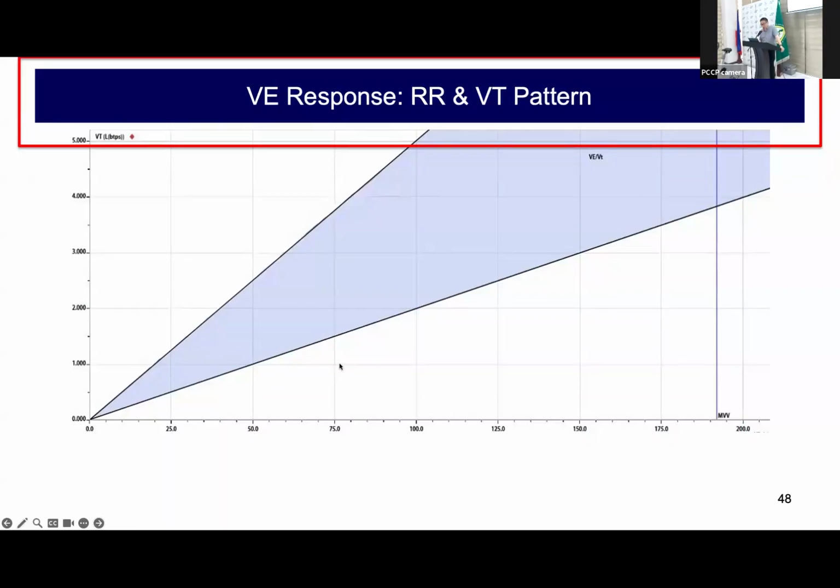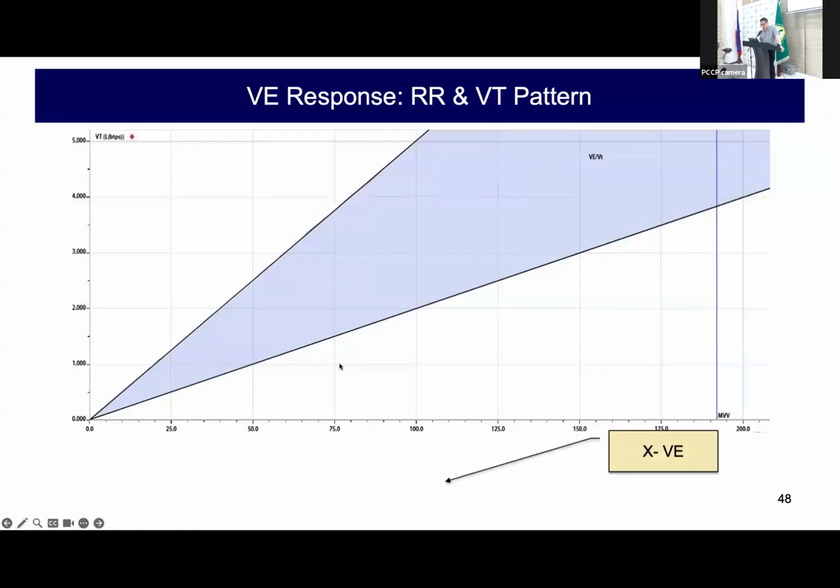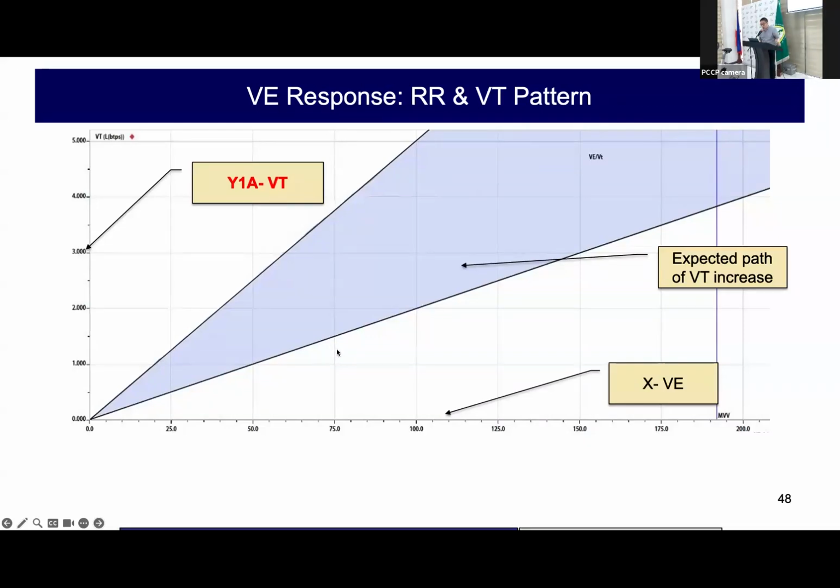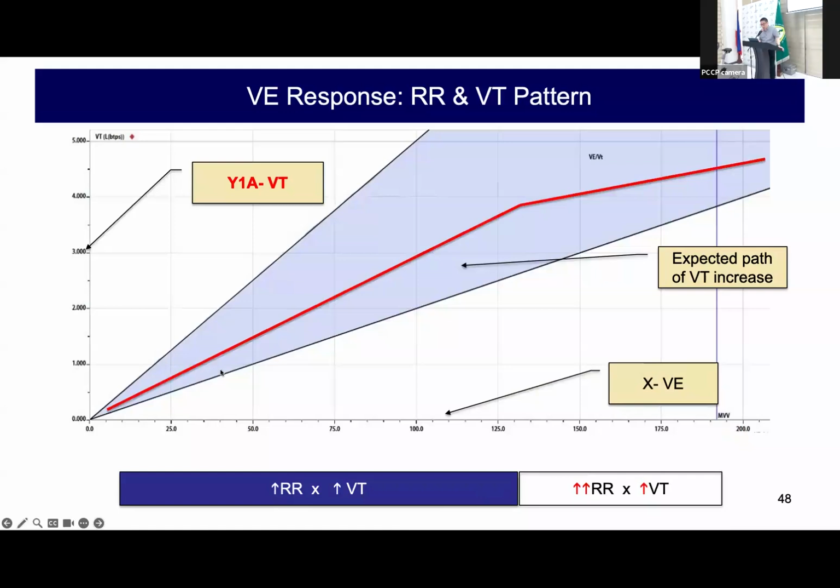How do we analyze it? By means of this graph. X is minute ventilation, Y is tidal volume. Okay, that's the expected pathway of the tidal volume. So the tidal volume will increase linearly during exercise initially, but during the latter part of the exercise, the increase in minute ventilation is primarily due to the increased RR, and you see some plateauing of our tidal volume here.